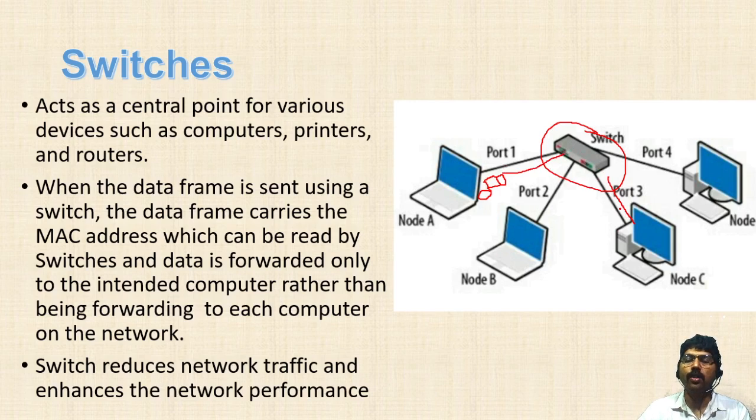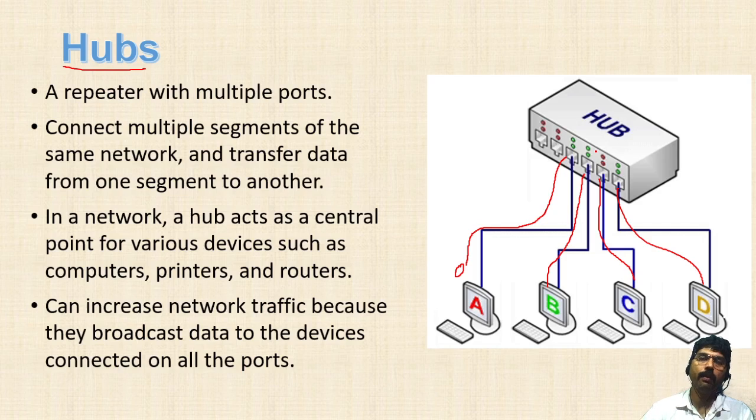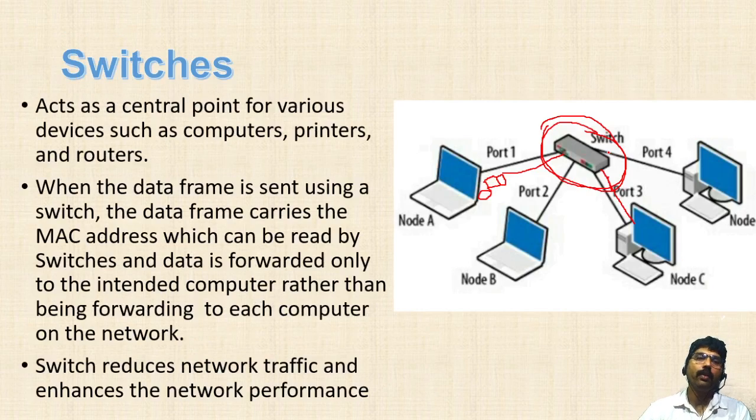It never broadcasts. It sends the data only to this port, so the network traffic is decreased. These devices generally work on layer 2 of the OSI model. Hubs and repeaters work on layer 1 of the OSI model, whereas switches work on layer 2, which is a little more intelligent than hubs and repeaters.